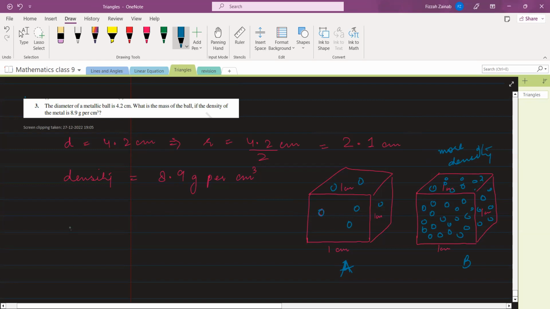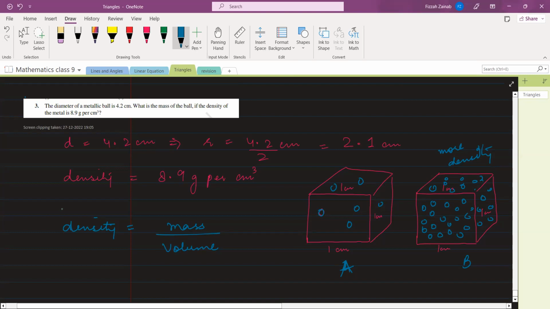So from here, the formula for density is, you must have studied this. Density means how much mass is enclosed in that particular volume. By looking at this formula, you can see the volume is the same in both cases. Box A and box B have equal dimensions, so equal space is enclosed, but the mass is more in B. So the density of B is more.